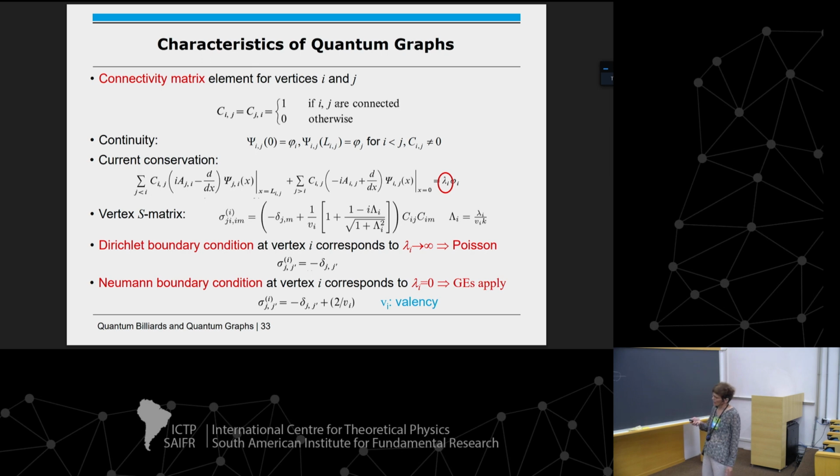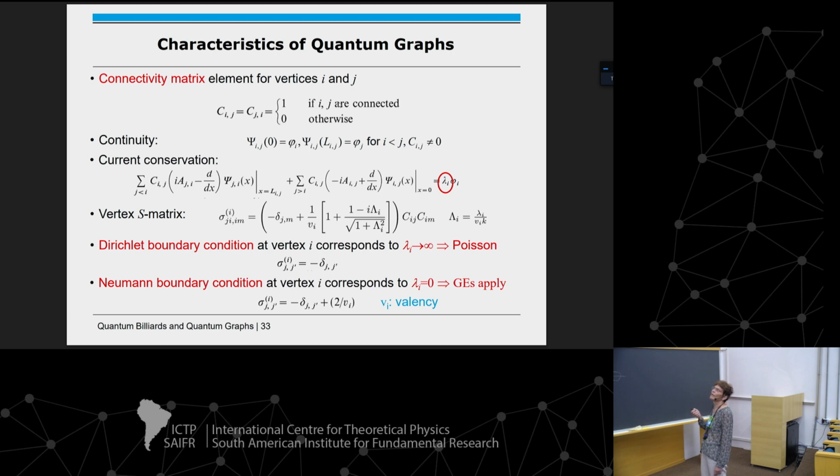So the characteristics of the quantum graph is defined via the connectivity. That is, you can have more than 3 bonds meeting at a vertex, and the connectivity matrix is equal to 1 if vertices i and j are connected, and it is 0 otherwise. So this defines the connectivity matrix.